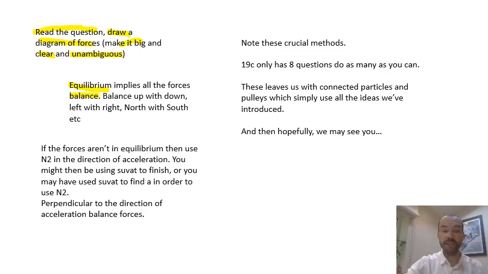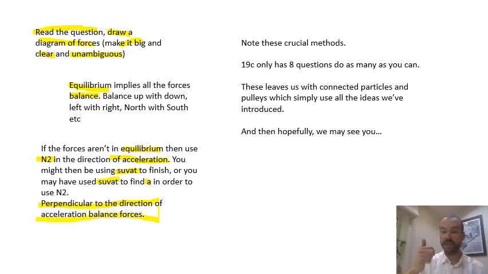If the forces aren't in equilibrium, it's Newton's second law in the direction of acceleration, because if they're not in equilibrium, they're accelerating. You might be then using Suvat to finish. Once you've got an acceleration, you might be using Suvat, or you might have used Suvat to find the acceleration. So Newton's second law in the direction of the acceleration, perpendicular to that, balance the forces.